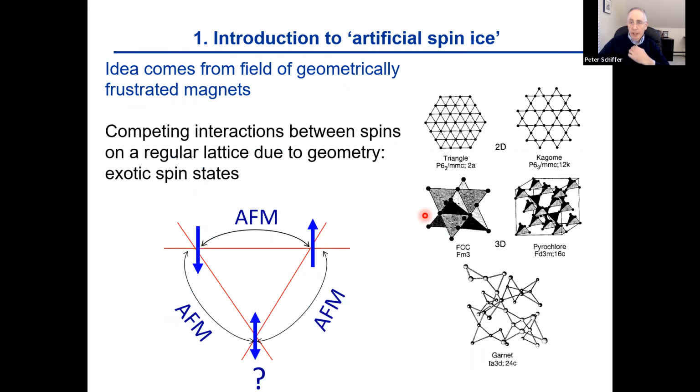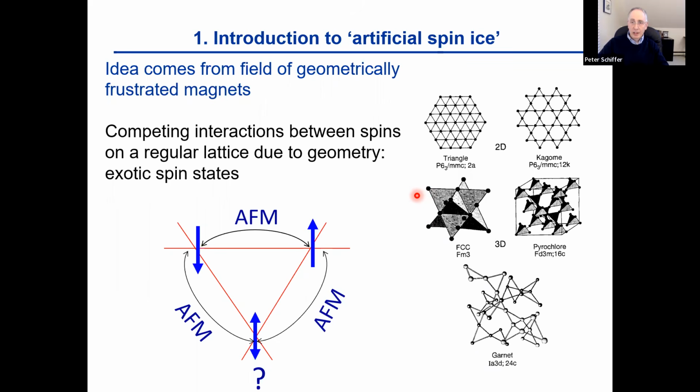So artificial spin ice really emerged from research that I had been doing since my postdoc on frustrated magnets. And geometrical magnetic frustration is a very current, very hot topic of research, and actually has been a topic of research for decades now.